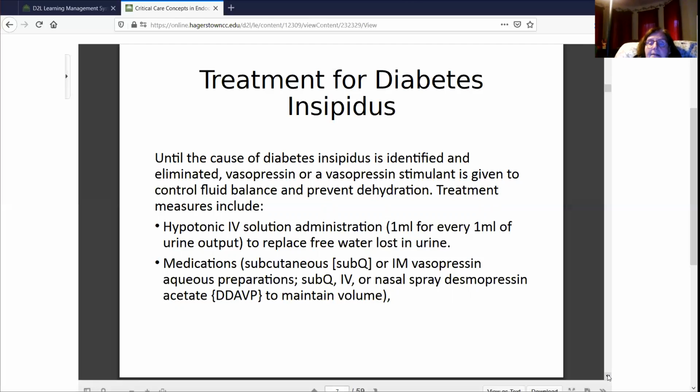Medications, subcutaneous or IM vasopressin aqueous preparations, sub-Q, IV, or nasal spray, desmopressin acetate, DDAVP to maintain volume in the body. Okay, talk about blood osmolarity. So that's what it's talking about. You know, there's 300 milliosmoles.